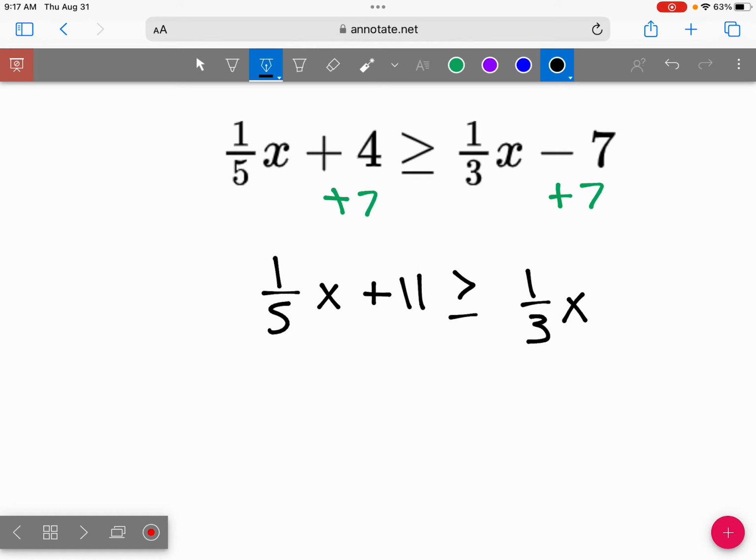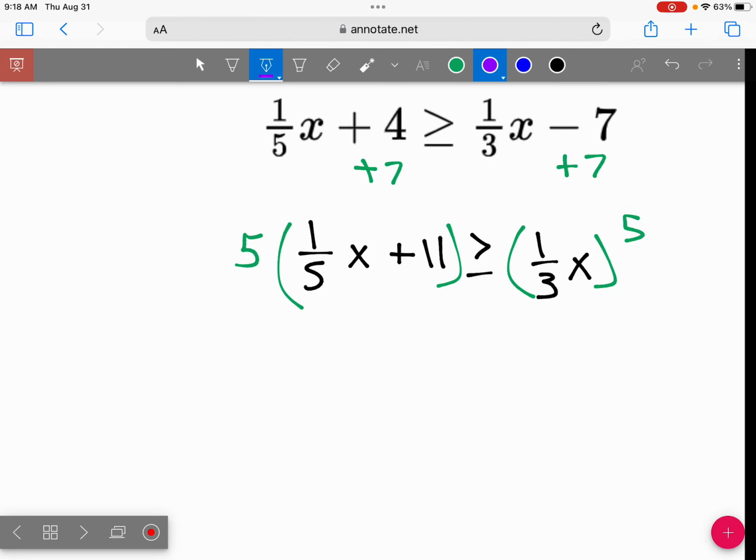Because it's kind of gross. Multiply both sides by 5. That would be my suggestion. That's going to help us get rid of the 1/5. So we're going to have x plus 55 is greater than or equal to 5/3 x.